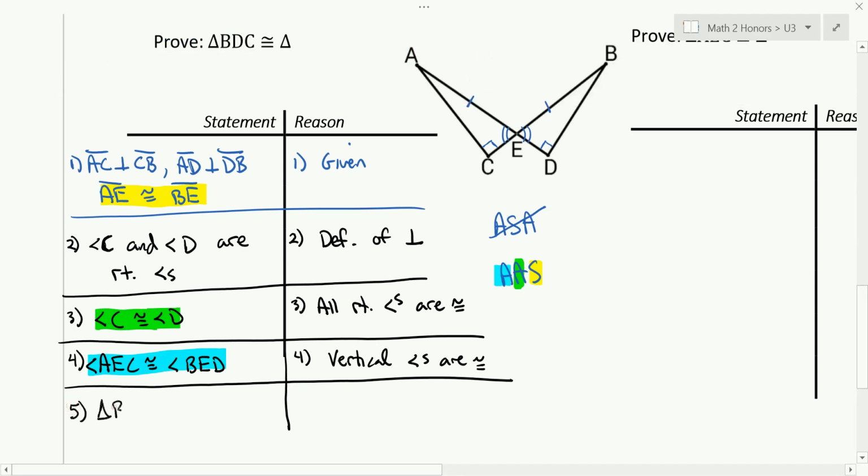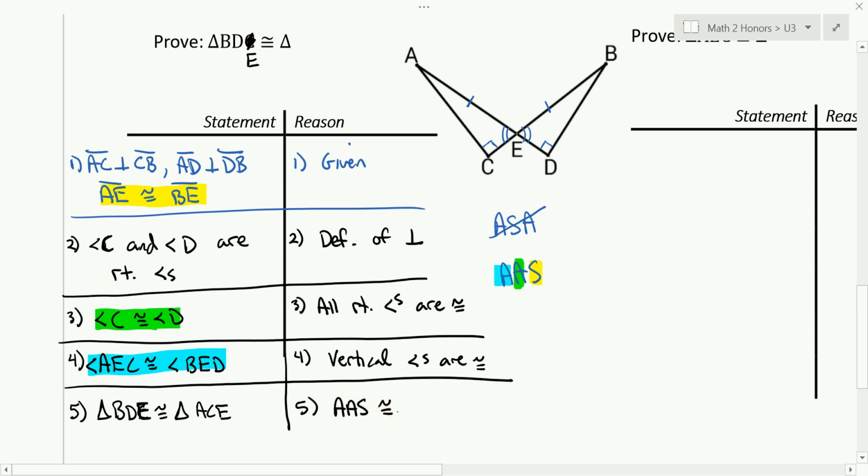So triangle BDC is congruent to what triangle? Oh, that's wrong, huh? It should say BDE, because BDC is not a triangle. Go to BDE. BDE is congruent to which triangle? ACE. And we said because of angle, angle, side congruence.